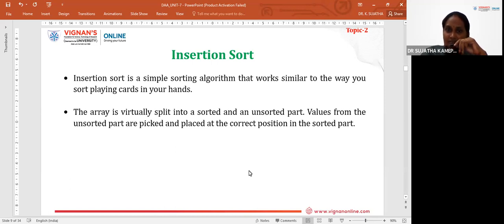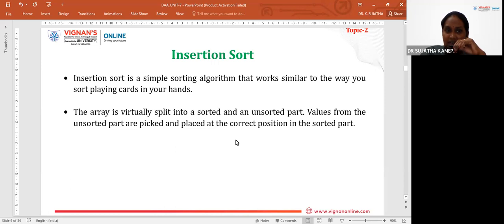In this session, we are going to discuss the application of insertion sort, which belongs to the decrease and conquer algorithm design strategy. Insertion sort is a simple sorting algorithm that works in a similar way to how we sort playing cards in our hands.